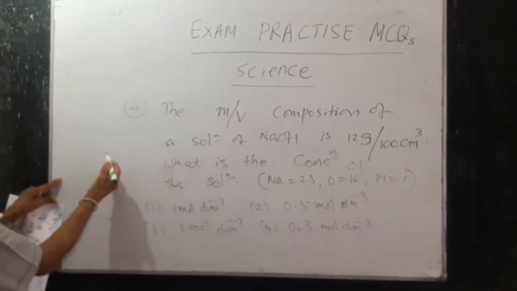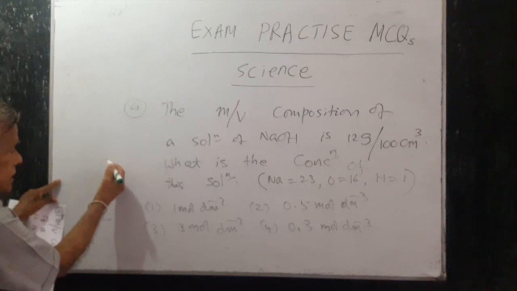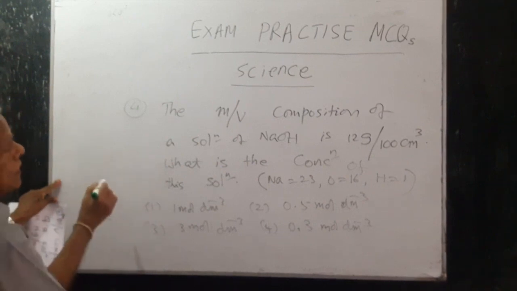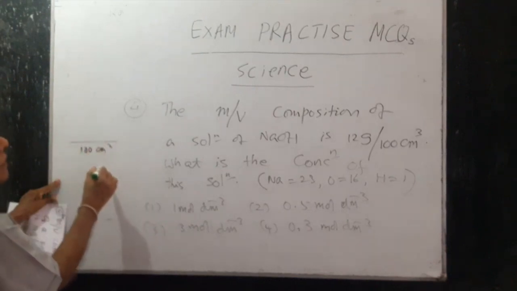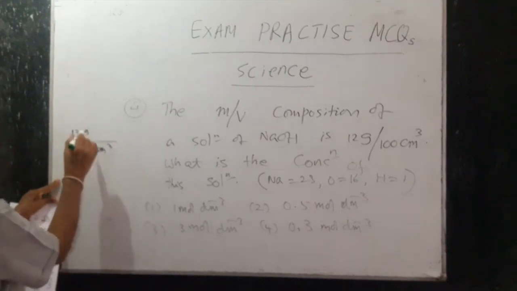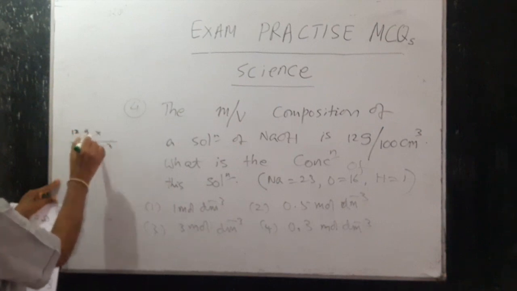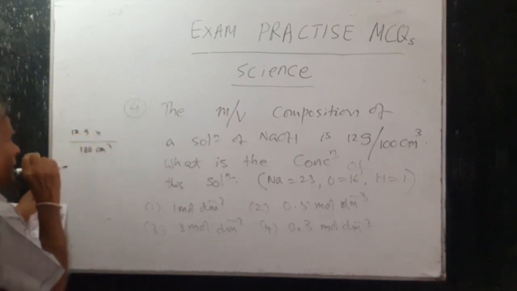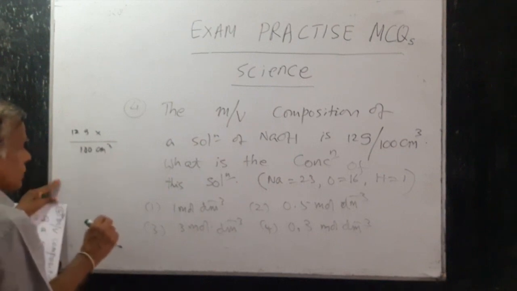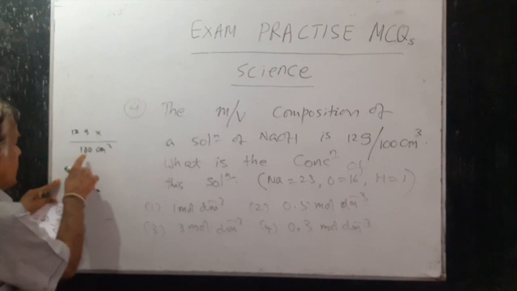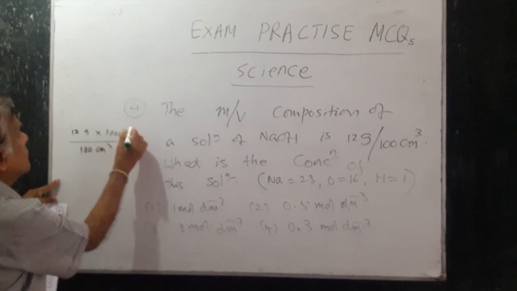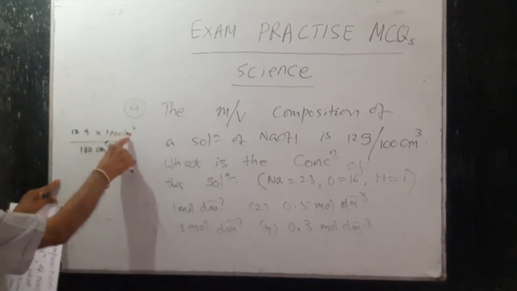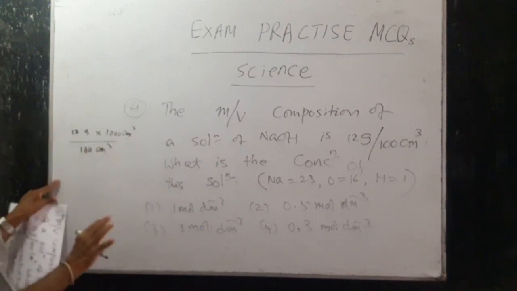Now, mass to volume composition is 12 grams per 100 cubic centimeters. That is, in 100 cubic centimeters, you have 12 grams of sodium hydroxide. To calculate the concentration, you have to calculate this not for 100 cubic centimeters but for 1000 cubic centimeters. 1000 cubic centimeters is equal to 1 cubic decimeter.